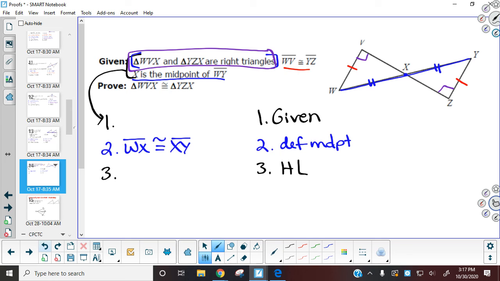So by HL, we could say that triangle WVX is congruent to triangle YZX. Okay? So as you are looking at this, if you're using HL, you need to have that they are right triangles because that's the only time HL works, is if you have right triangles.